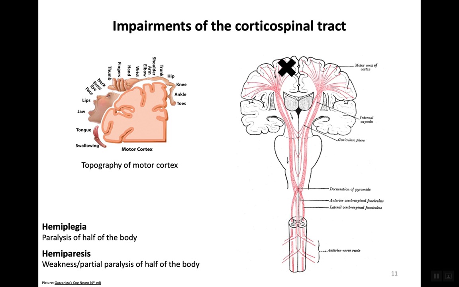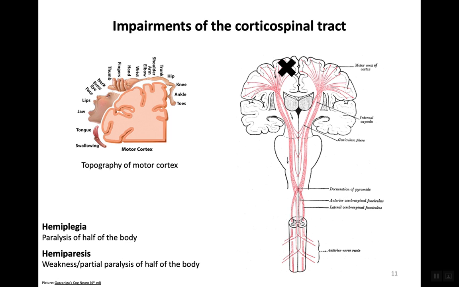So the voluntary movement, which is controlled by the motor cortex on the left, in the left hemisphere, would, upon damage, impair or completely eliminate our ability to control the right part of the body. In this case, the right lower body.